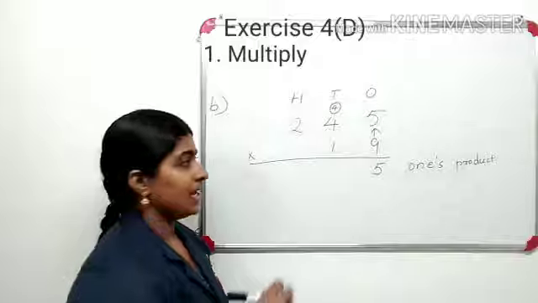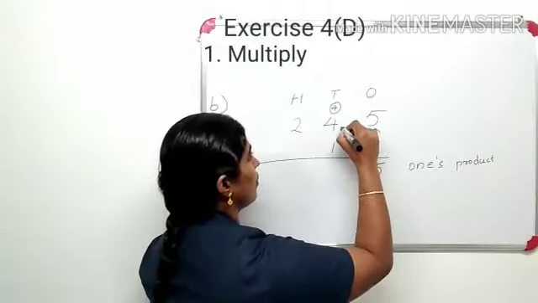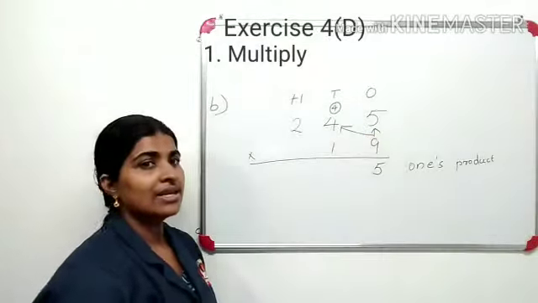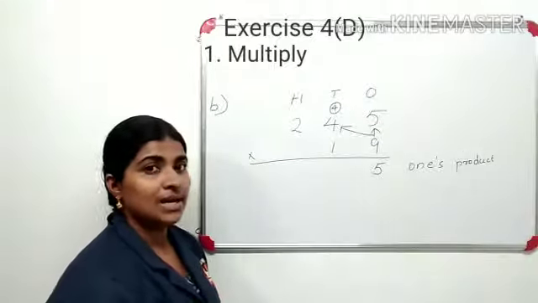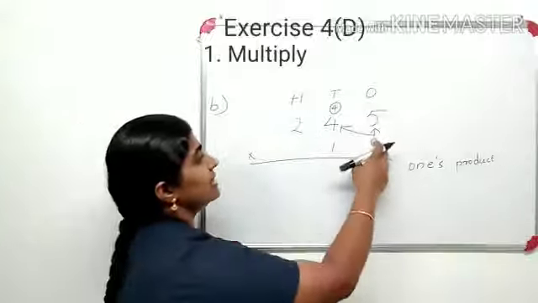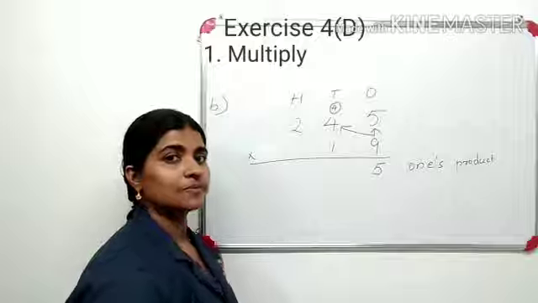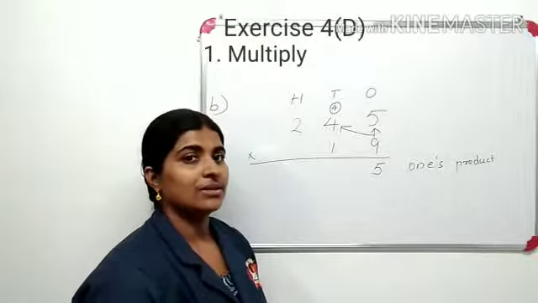Then we multiply 9 by 4. So 4 9's are 36. 36 plus 4 is 40.